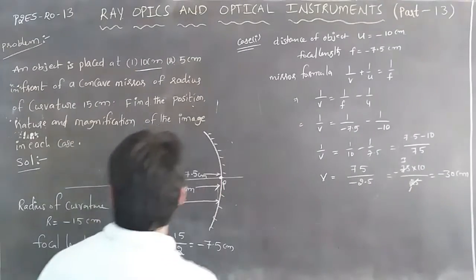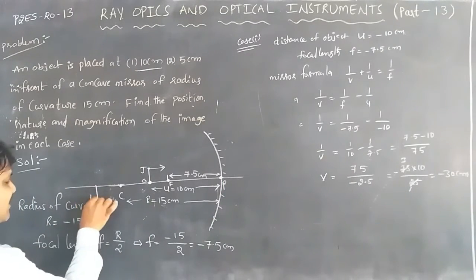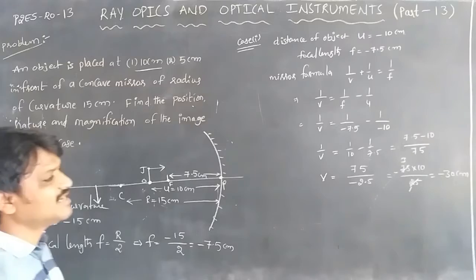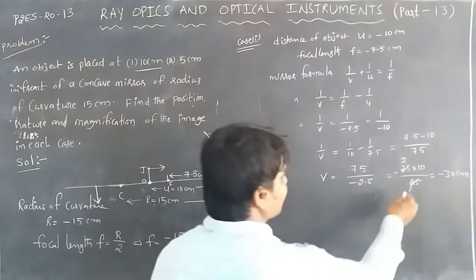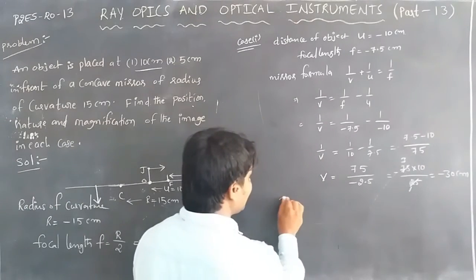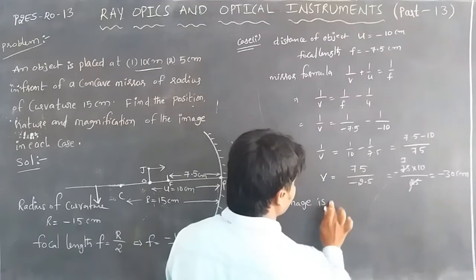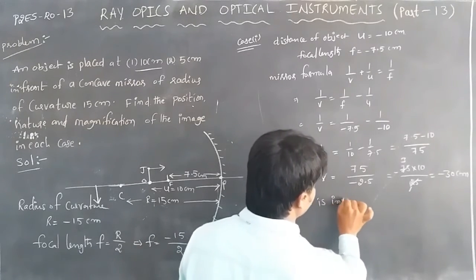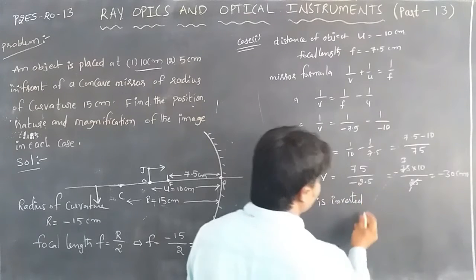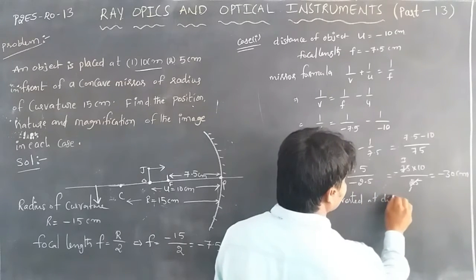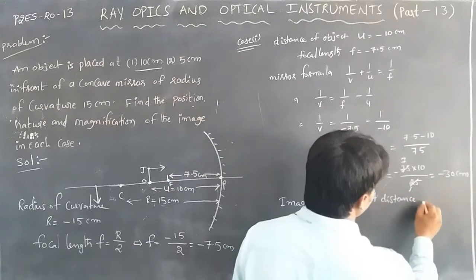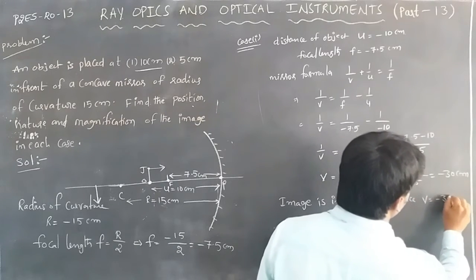We get minus 30, so that's why the image we got is inverted. So here v is equal to minus 30 centimeter: the image is inverted, at a distance v equal to minus 30 centimeter.